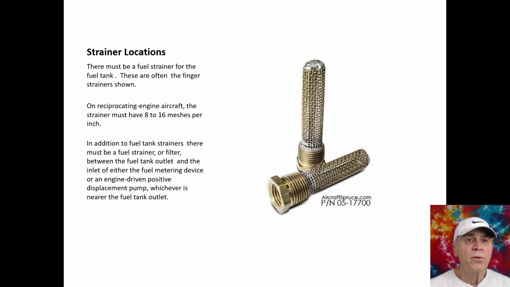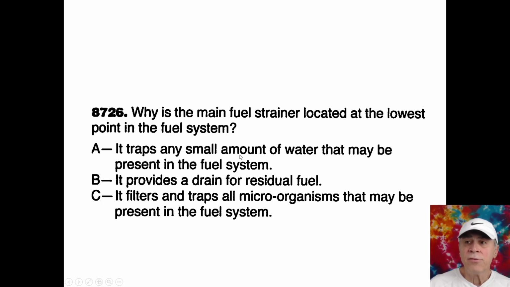In addition to fuel tank strainers, there must be a fuel strainer or filter between the fuel tank outlet and the inlet of either the fuel metering device, the carburetor, or an engine-driven positive displacement pump, whichever is nearest the fuel tank outlet. Which is a concept that's going to be one of the more important for this class, but we're not quite into it yet. We're still talking about the strainer.